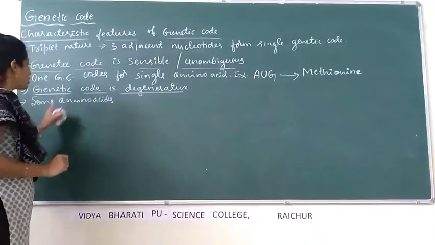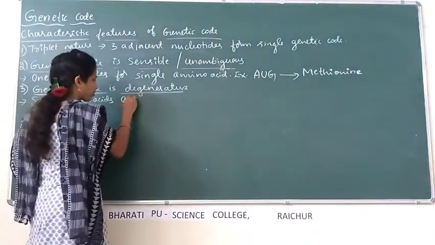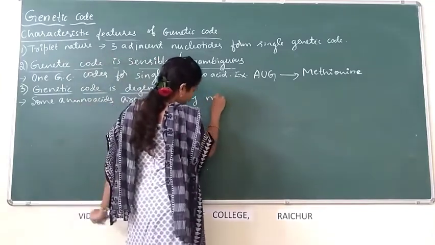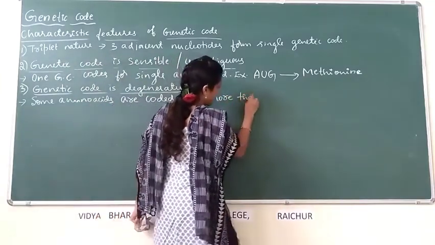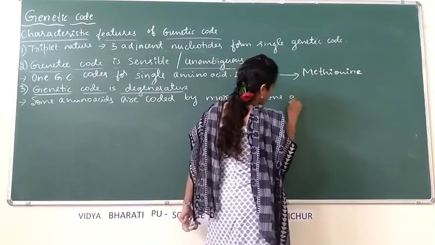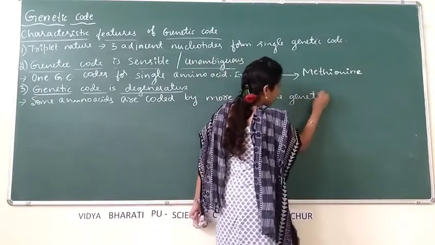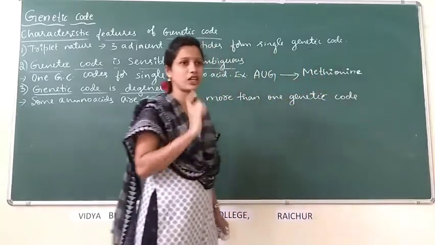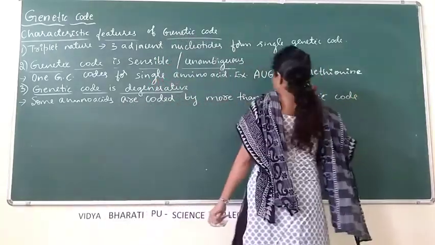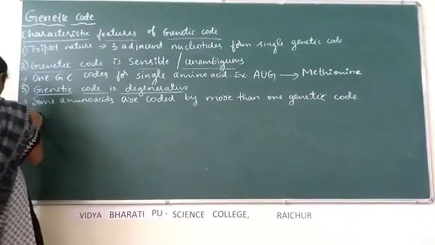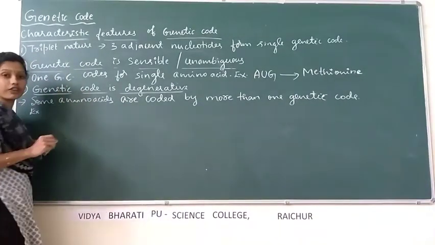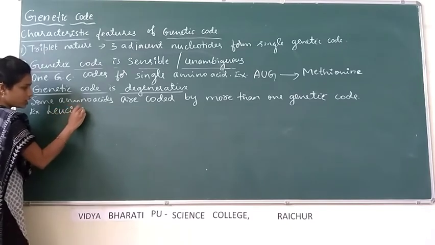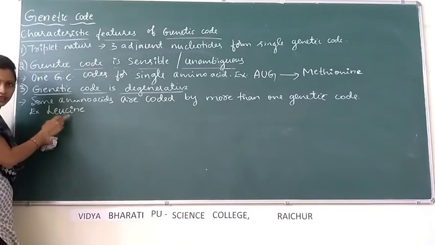Degenerative means some amino acids are coded by more than one genetic code. For example, leucine. Leucine is one of the amino acids.